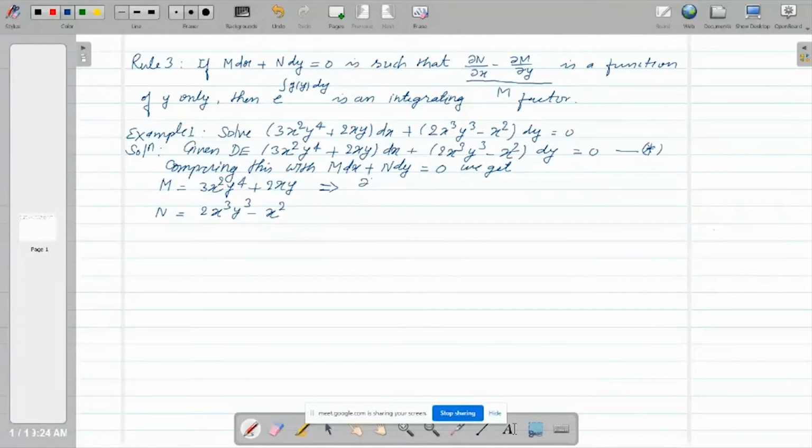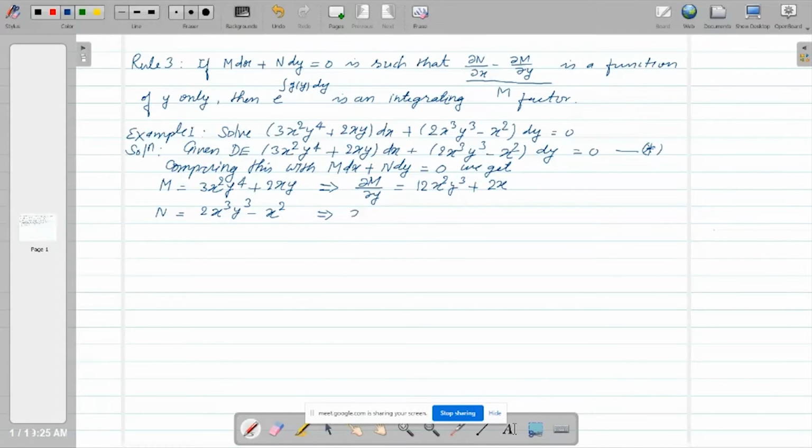So ∂M/∂y equal to what? Just differentiate this with respect to y, so x will be constant. We will get 12x²y³ plus 2x. Now similarly we differentiate N partially with respect to x, here y will be constant.